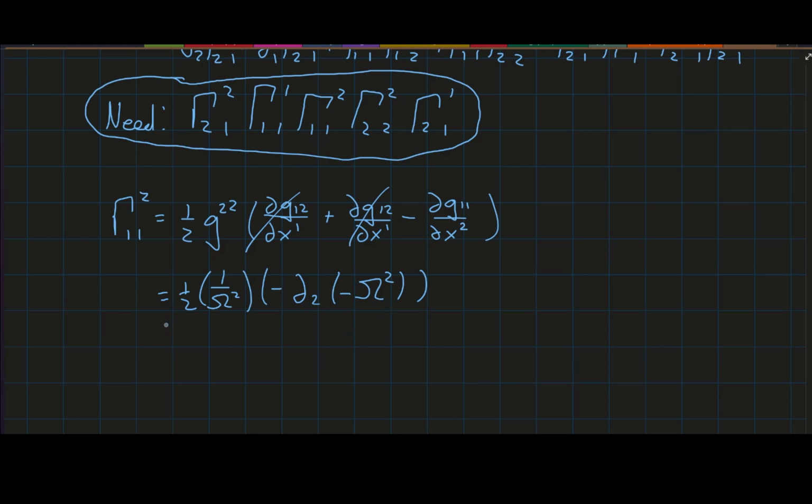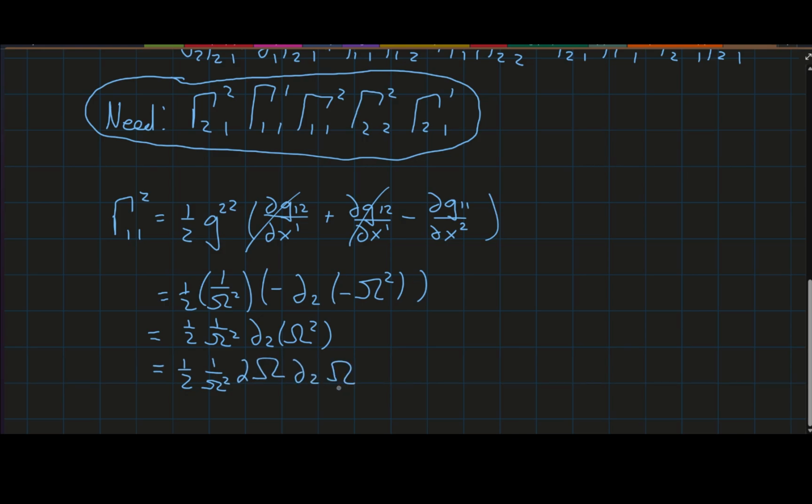Okay, so we can go ahead and pull the minus sign out, make it positive, so we end up with something like 1/2 1 over omega squared d2 of omega squared. Now we can actually take this derivative and simplify things further, so this is 1/2 1 over omega squared, times 2 omega d2 omega, just by chain rule.